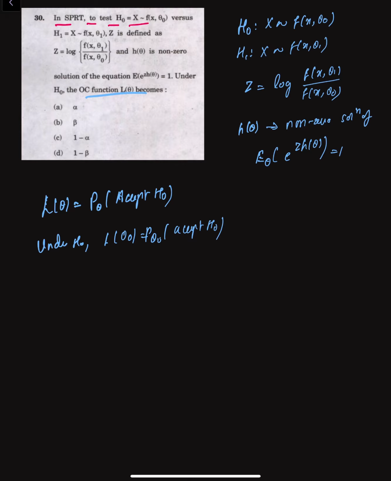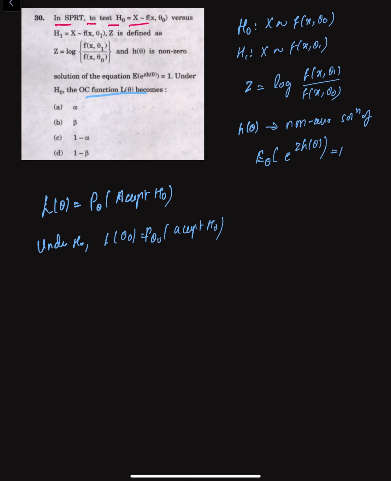Now if we consider this OC function, the operating characteristic function is defined as L(θ), which is the probability of accepting H0. So we know that under H0, L(θ0) is nothing but the probability under θ0 of accepting H0.